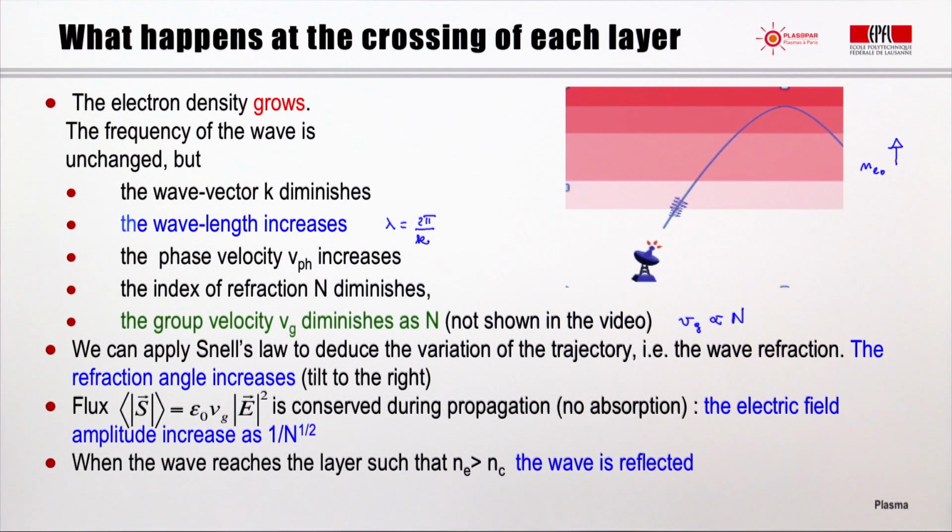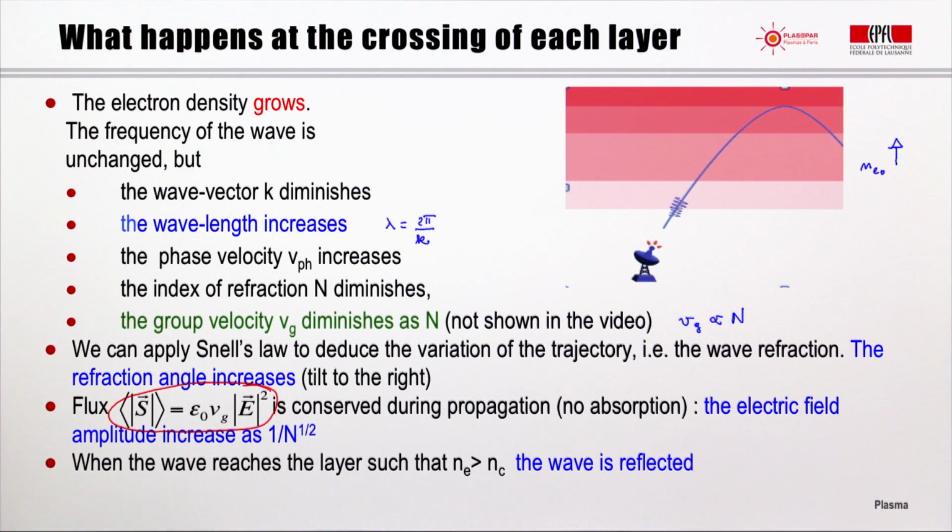And finally, in this process, flux is conserved because the wave is just propagating with no absorption. That is negligible in this low-density plasma. So since flux is conserved, this quantity is constant.